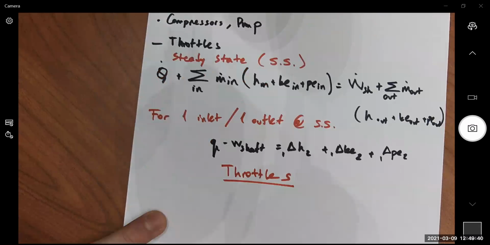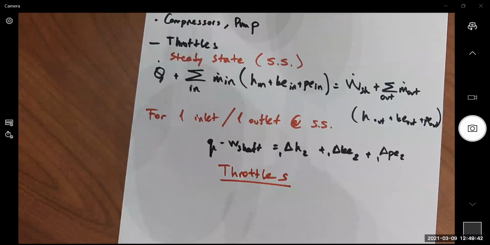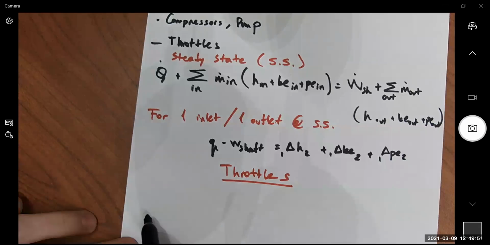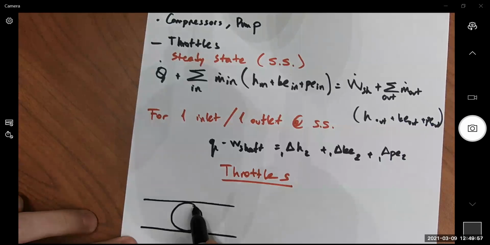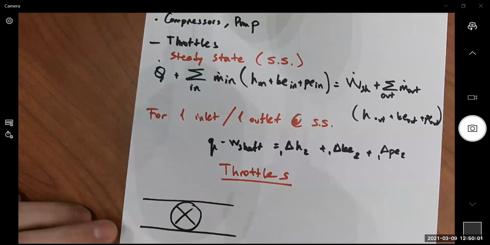Throttles. Throttles are usually one inlet, one outlet devices. It has a valve in the middle, and it is adjusting the pressure difference in the cycle.